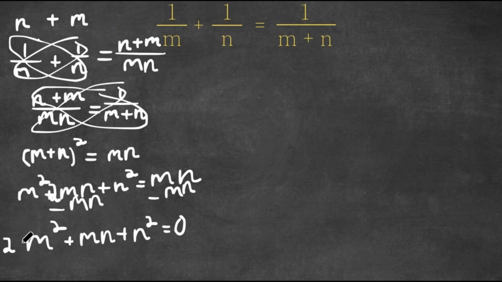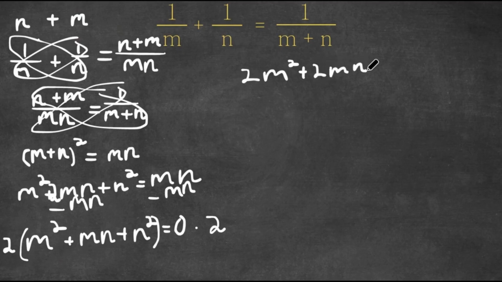So we have 2 times m squared plus mn plus n squared is equal to 0 times 2. Now if we distribute the 2, we get 2 m squared plus 2mn plus n squared is equal to 0 times 2 is simply just 0.